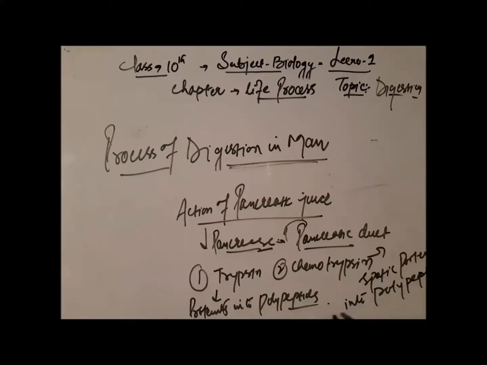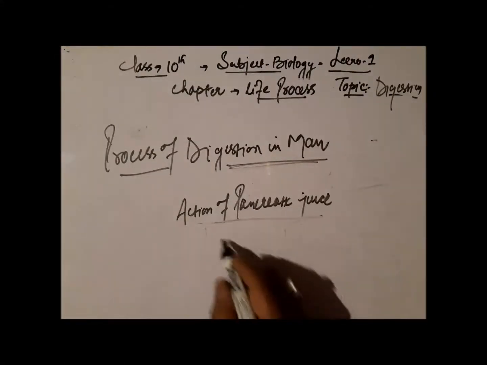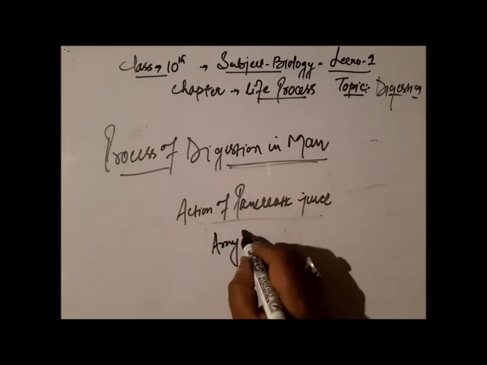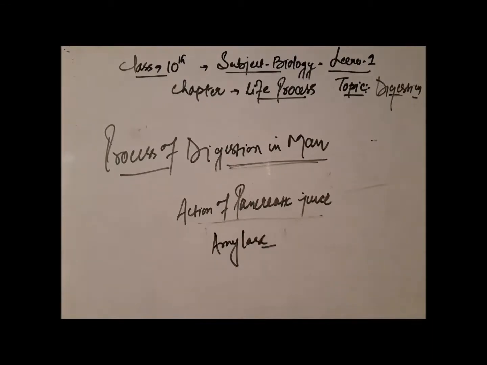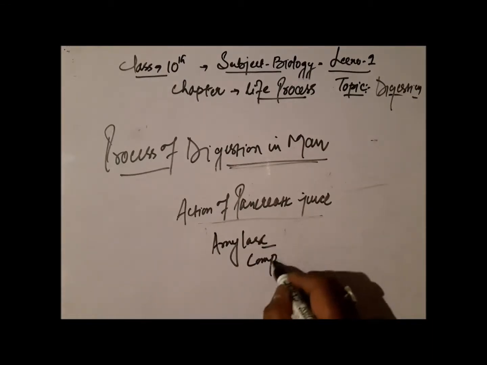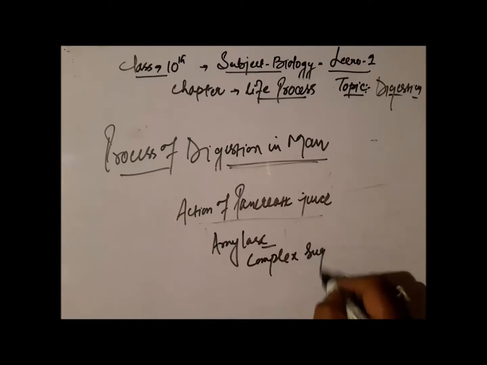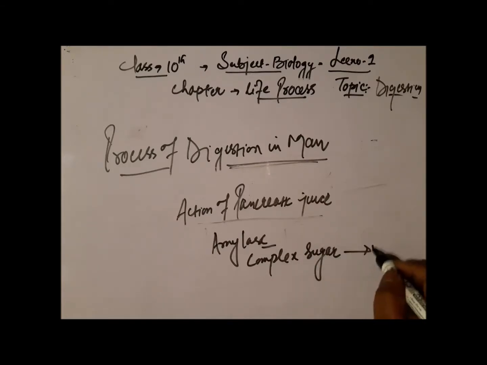And in both the cases, the medium is alkaline. There is no acidic medium at all, whether in pancreas or in bile. The medium is alkaline. And the third one is called pancreatic amylase, or simply we can say amylase, which converts complex sugar into maltose.